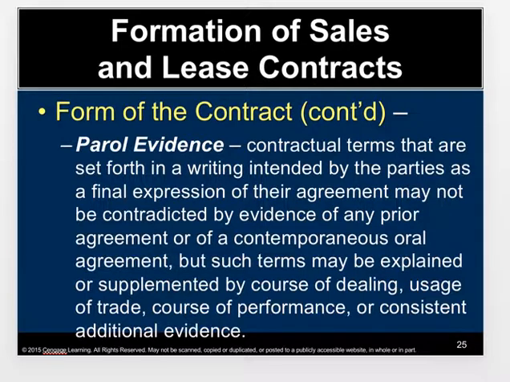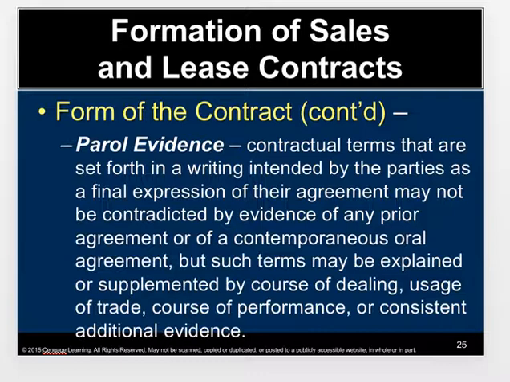Course of dealing is where courts will look and say, well, how have the parties dealt with each other in similar situations? So we'll look and see and read that into the contract. The court will also look at the usage of trade. How are things done by merchants in that same line of business? Courts may also infer that into the contract. Course of performance as well, right?